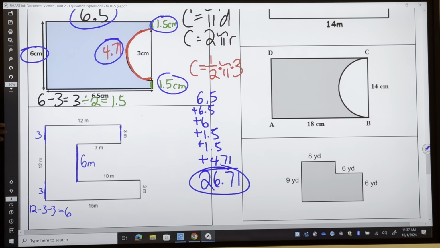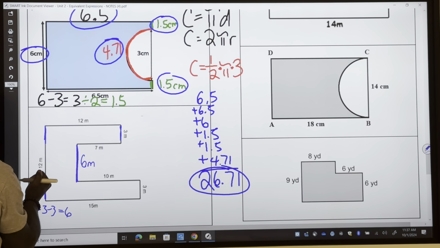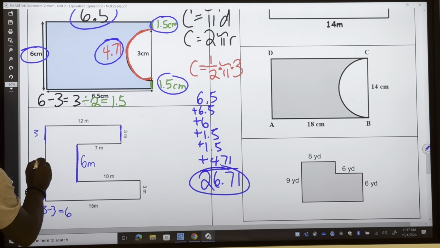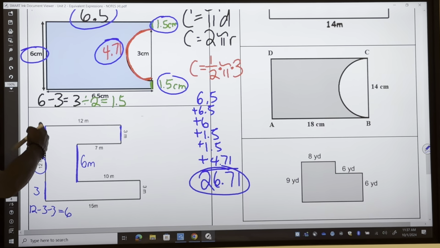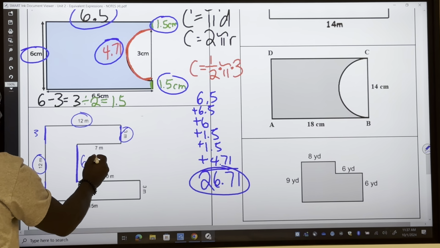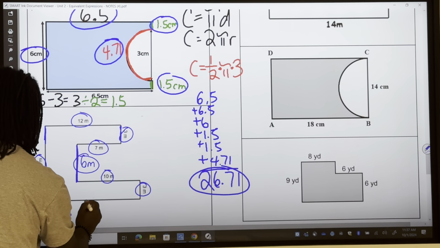And so then to find the perimeter of the whole figure, I then need to add up. Okay, actually I'll keep that there. I'm going to add up 12. 12 is the whole side. This 12, this side, that side, that side, this one, and then this one.